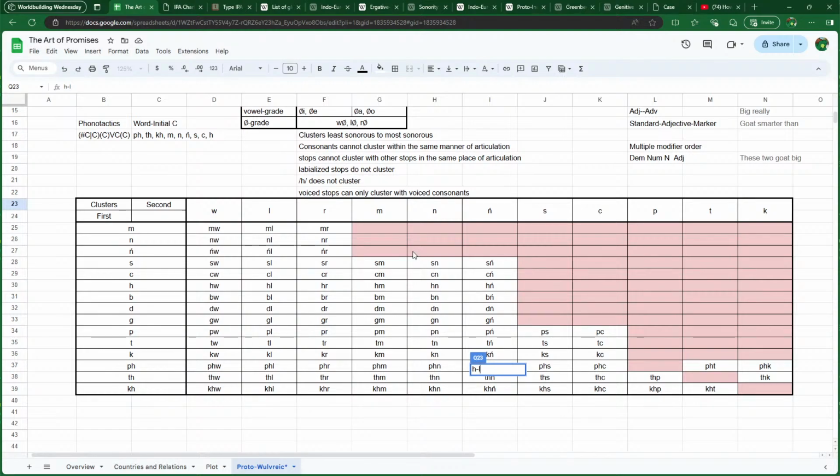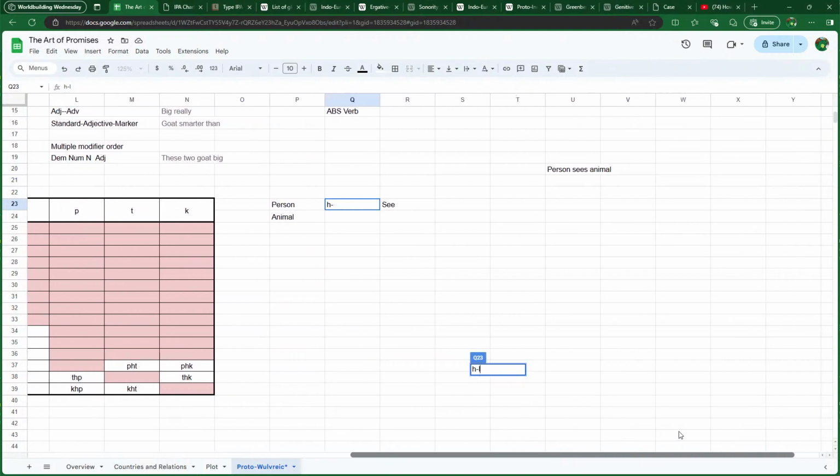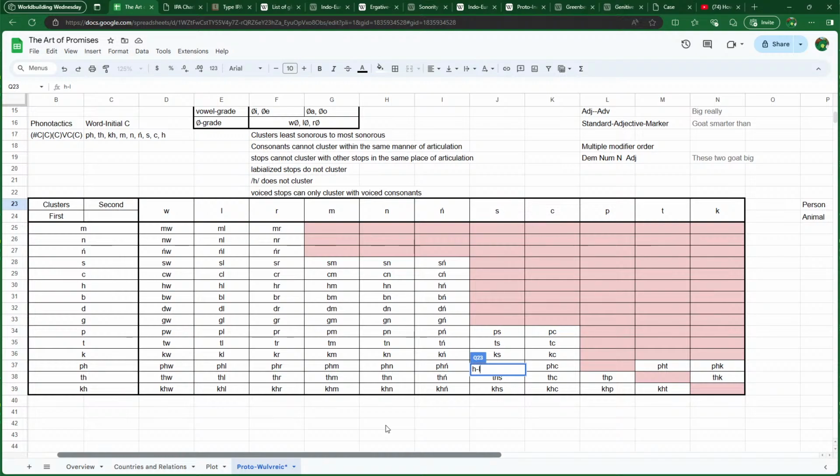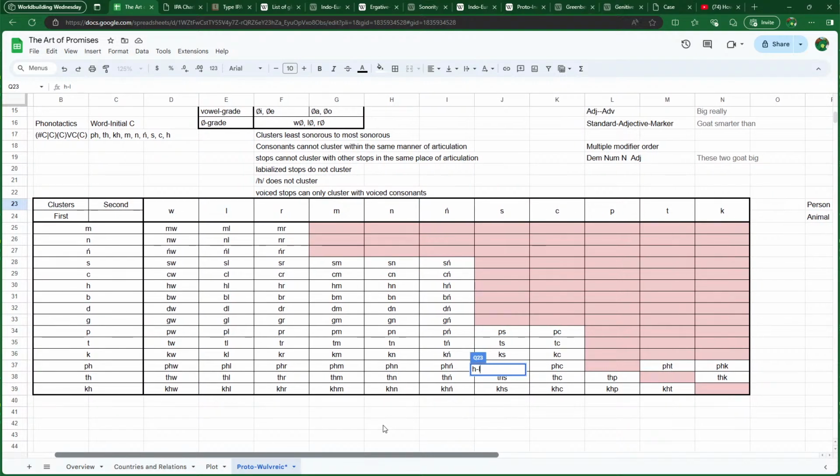Now, are consonant clusters only for single syllables or just anytime consonants come together?